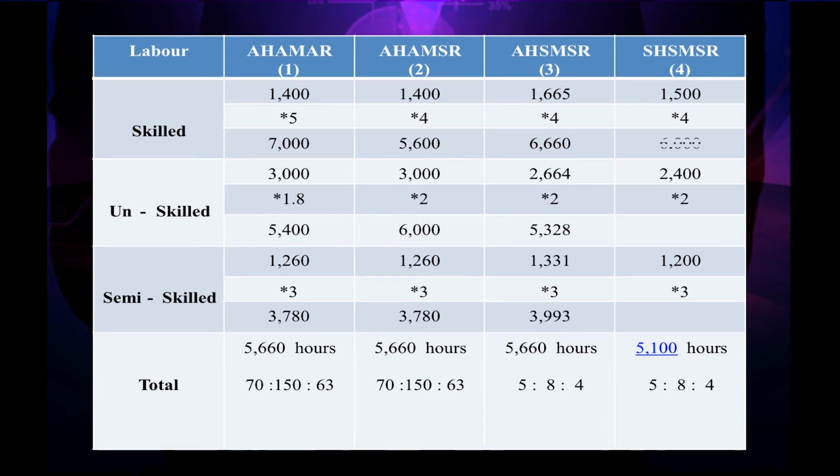The product for column 4 for skilled workers is 6000, unskilled is 4800 and semi-skilled is 3600, wherein the total for column 1 will be 16180, column 2 15380, column 3 15981, column 4 14400.